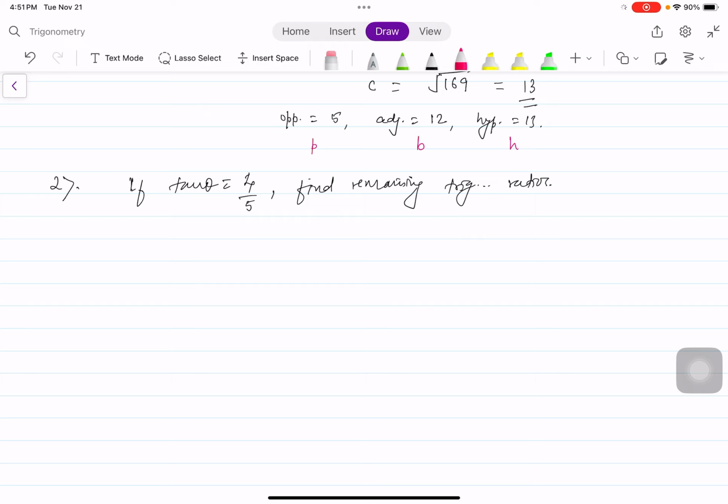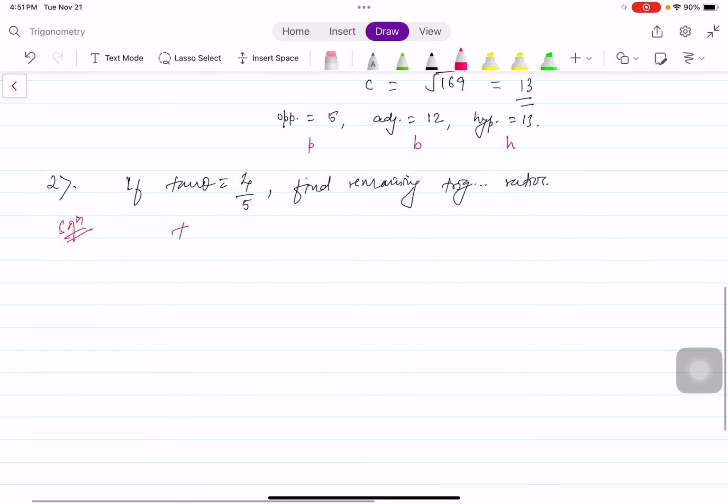So how to solve this one? In this case, since we are given tangent, the ratio, we know that tangent is 4/5. What is this? This is always opposite over adjacent.